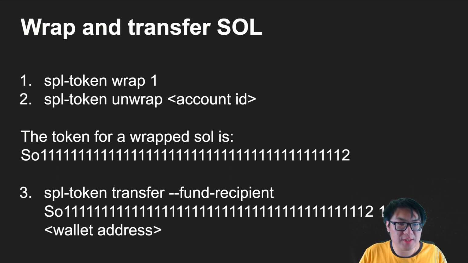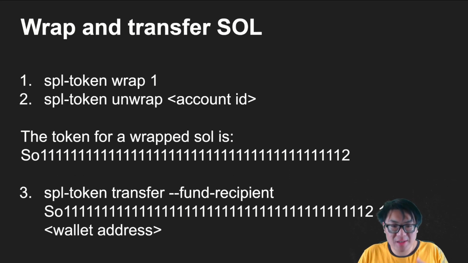We can essentially wrap a Solana, which converts it into a wrapped Solana, which is a token, and then you can transfer that token around. The command for that is pretty straightforward. It's just spl-token wrap 1, and that will wrap the Solana that is in your wallet.